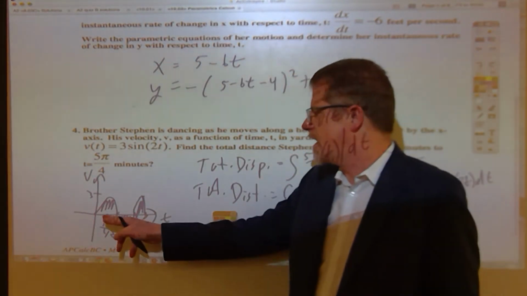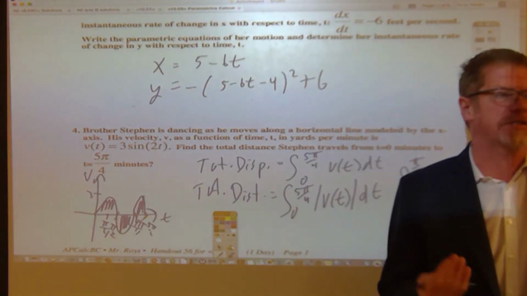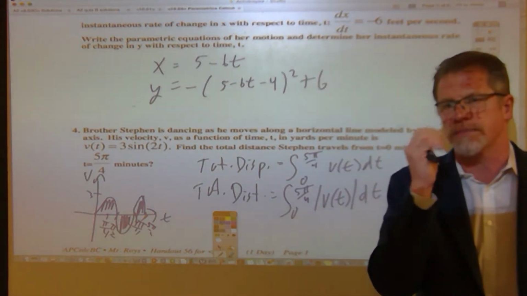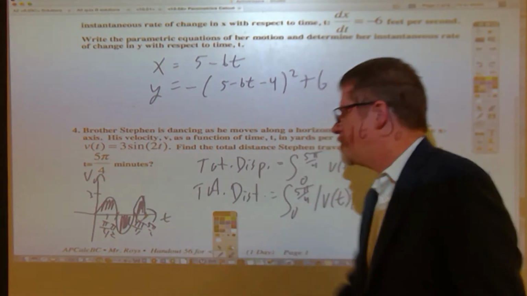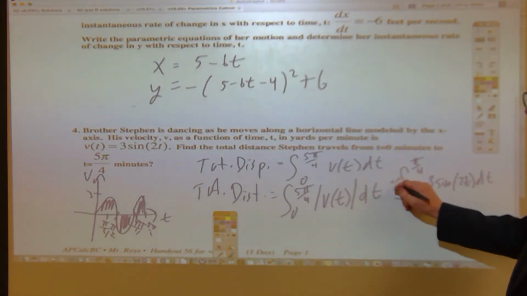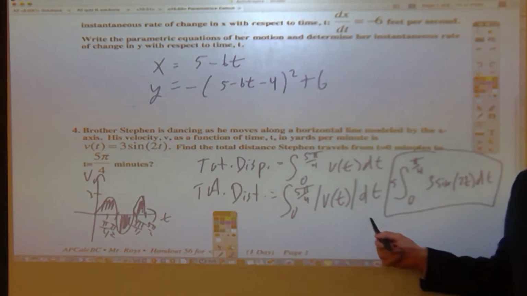So if I were to just take the integral from 0 to pi over 4, by what factor would I have to multiply that so that I get all of the total distance? 5. Yeah, it'd be 5 of those, 1, 2, 3, 4, 5. So I'd have to take 5 of those to get the answer to this problem. That's a way to deal with the absolute value.